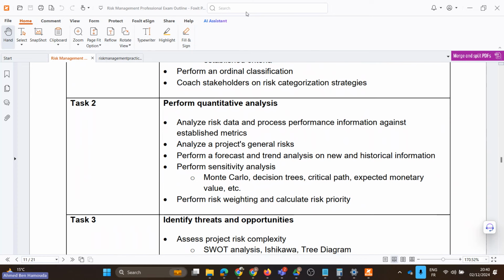So usually we do the quantitative analysis for those prioritized risks. Okay. So here in the quantitative analysis, what we will learn is how to validate the data against the established metrics, and perform a forecast, a trend analysis, and another important technique, which there are a few questions about in the RMP exam, which is the sensitivity analysis.